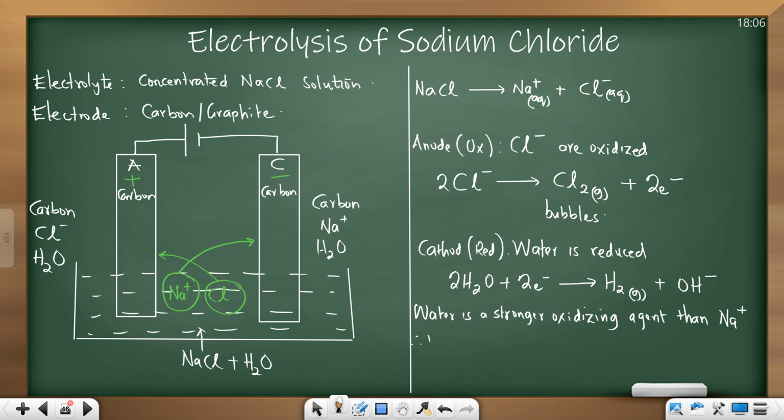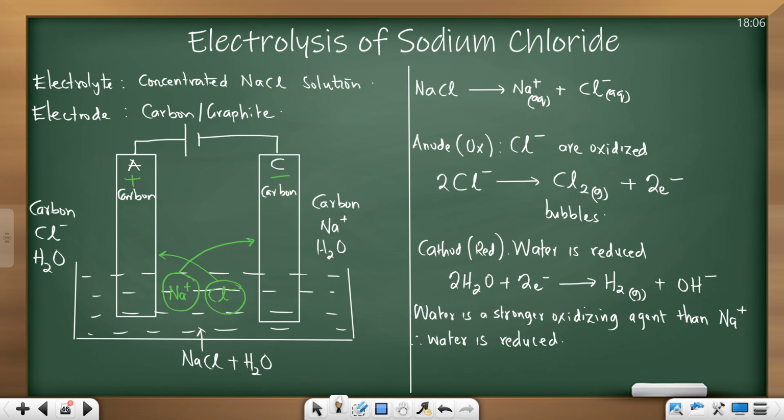Ions. Therefore, this statement alone is 3 marks, because I'm going to ask you, why are sodium ions not reduced? Sodium ions are not reduced because water is a stronger oxidizing agent. 1 mark. Than sodium ions. 2nd mark. Therefore, water is reduced. The 3rd mark.